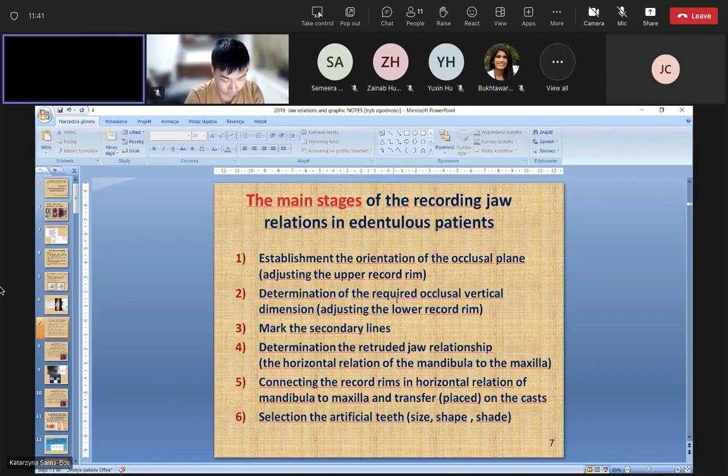The second one is the determination of the required occlusal vertical dimension. Then we adjust only the lower rim. After that, we should mark the secondary lines, then determine the retruded jaw relationship, in other words, the horizontal relation of the mandible to the maxilla.